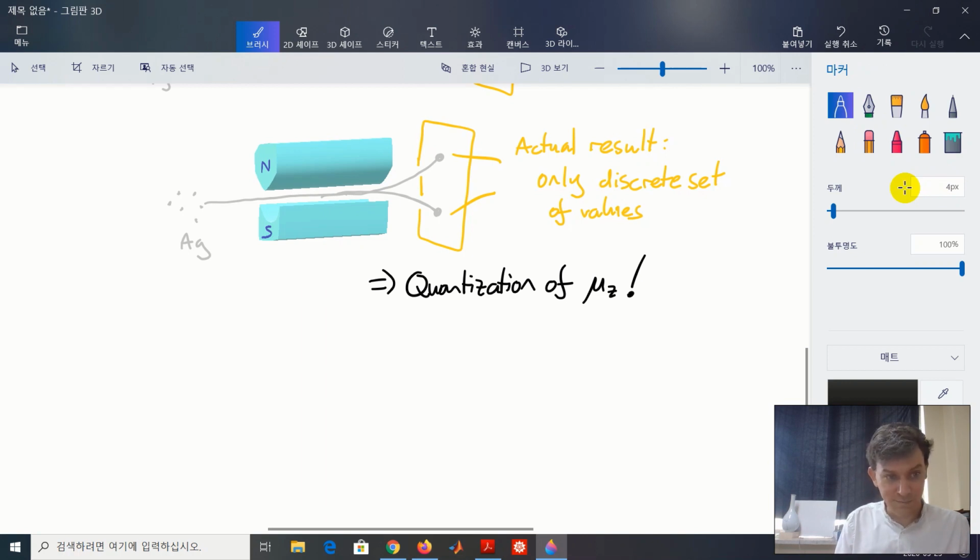Okay, so last part, relationship of the magnetic moment to the angular momentum.